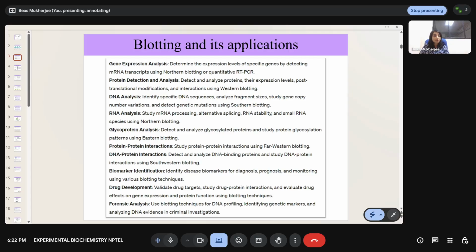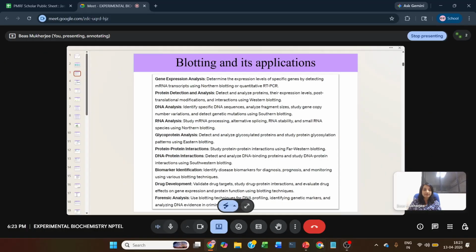Then there are protein-protein interactions, which can be studied using far western blotting. DNA-protein interactions can be studied using southwestern blotting. Then there is biomarker identification, drug development and forensic analysis. All of these things can be studied using the different blotting techniques that we have.